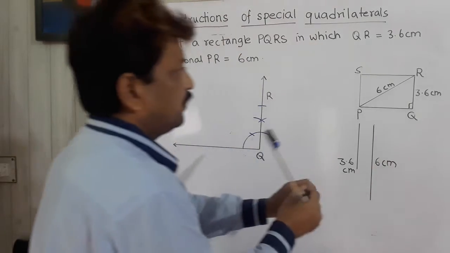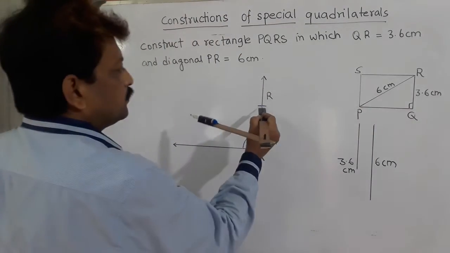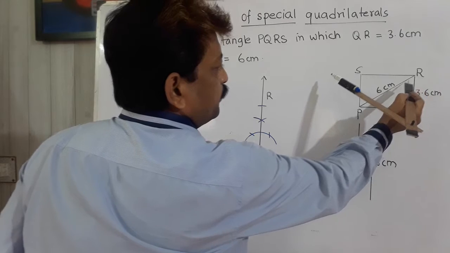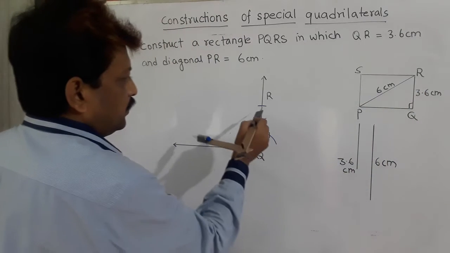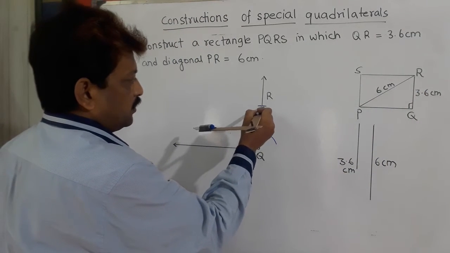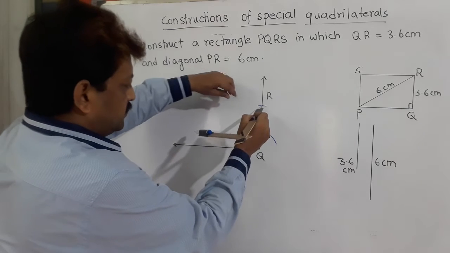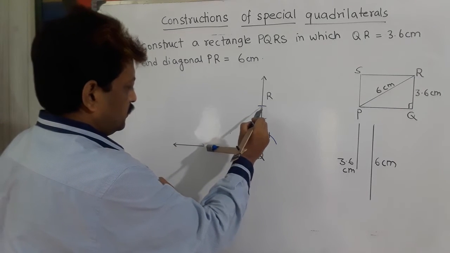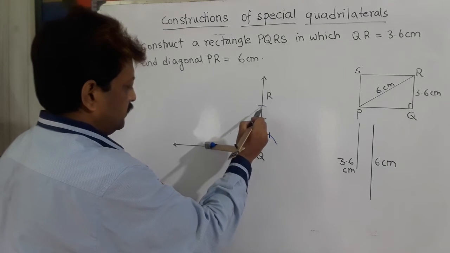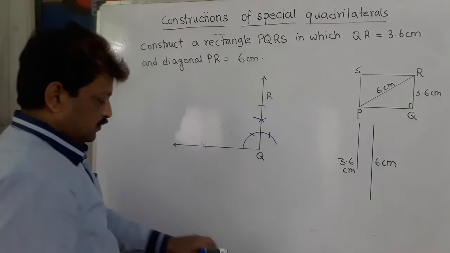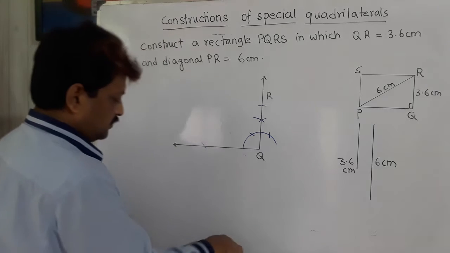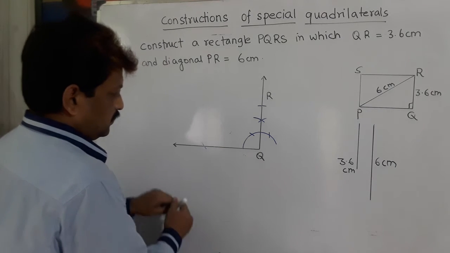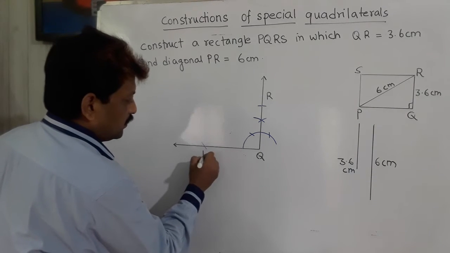So R is known. From R to P is 6 centimeter. So placing the compass at R, with radius of 6 centimeter, an arc is drawn to intersect the baseline. Okay. So this is P.